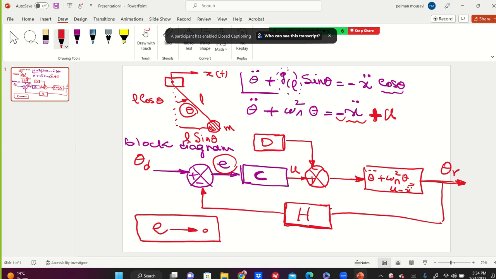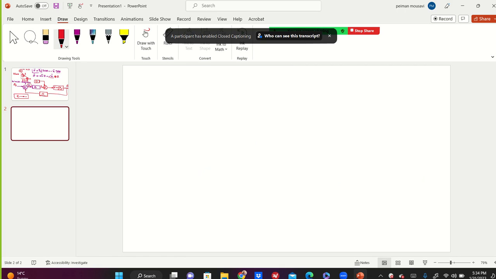Okay, guys? Now, let me model this first because, as I told you, I'm going to go back to this model at the end of the semester in the MATLAB code. If this is the pendulum, I want to make an animation of it in MATLAB.